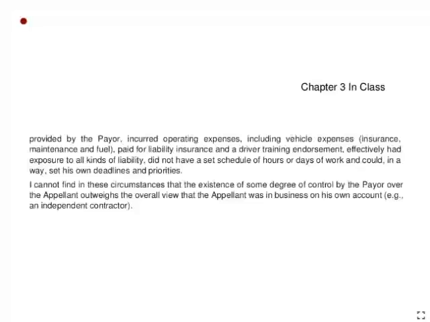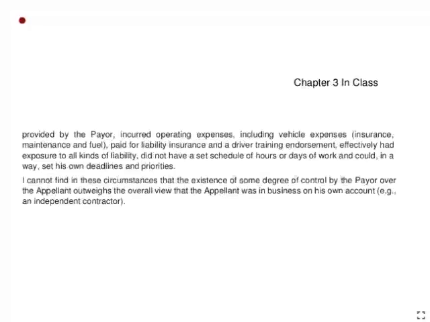So it says, I cannot find in these circumstances that the existence of some degree of control by the payer over the appellant outweighs the overall view that the appellant was in a business of his own account, independent contractor. So in other words, they're saying that he was an independent contractor. He was self-employed. So the decision was that this guy is self-employed. There was just too much evidence.